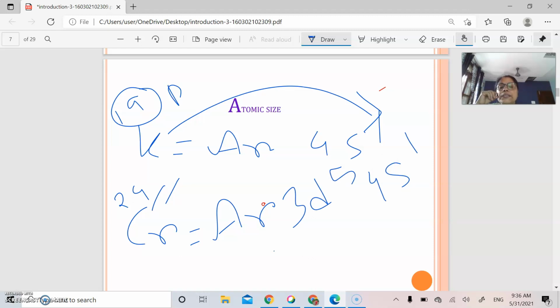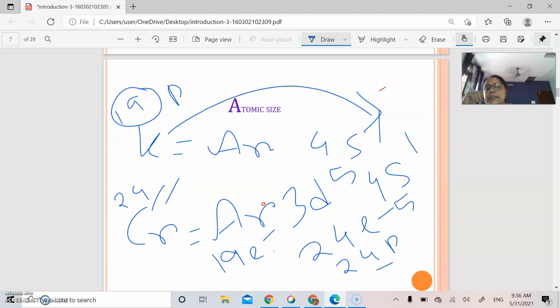Since we have 24 electrons and 24 protons in chromium, suppose we remove 5 electrons from the structure. Then there will be 19 electrons but 24 protons.